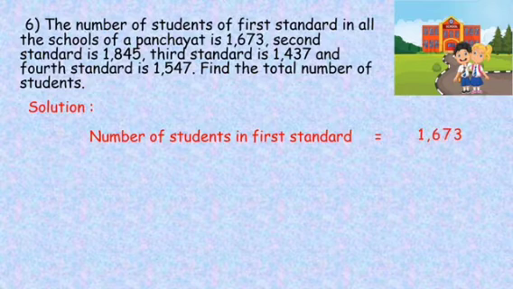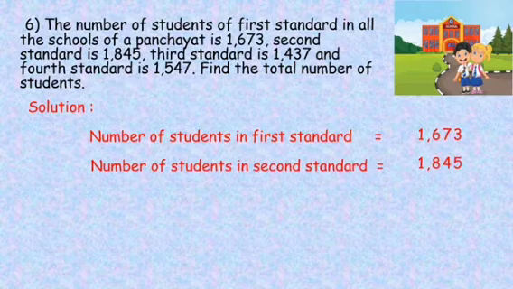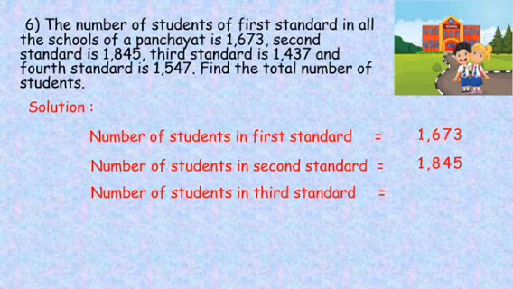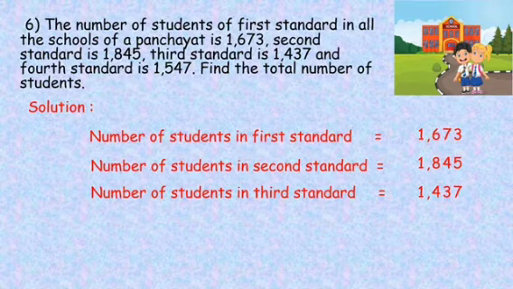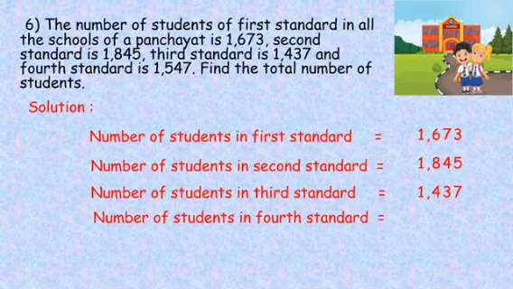Number of students in second standard is equal to 1845. Number of students in third standard is equal to 1437, and number of students in fourth standard is equal to 1547.